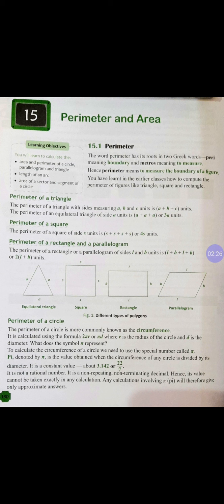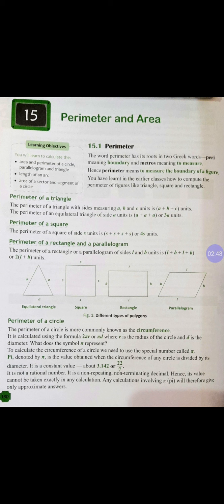Okay, so listen, in these four diagrams we can see how we can find the perimeter of any figure, but in a circle we don't have a straightforward method, we have a formula. So we have to remember that formula.